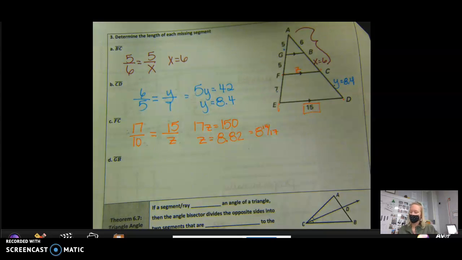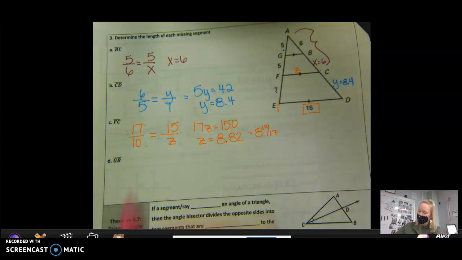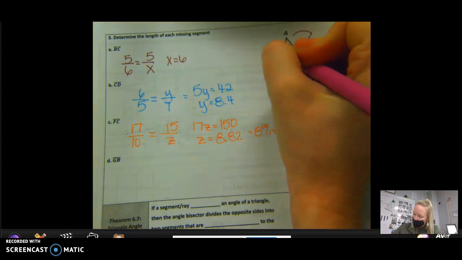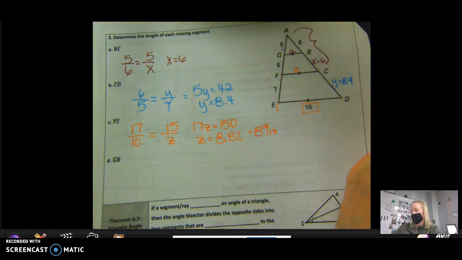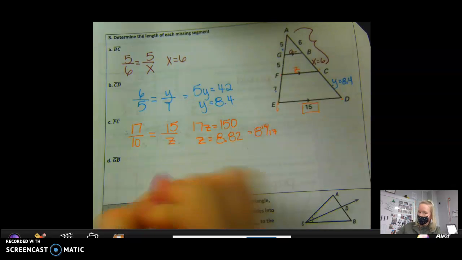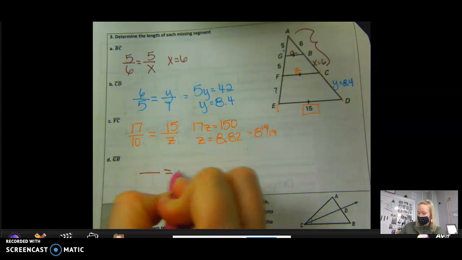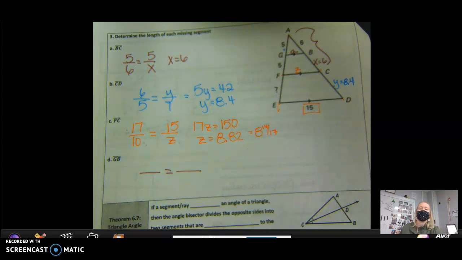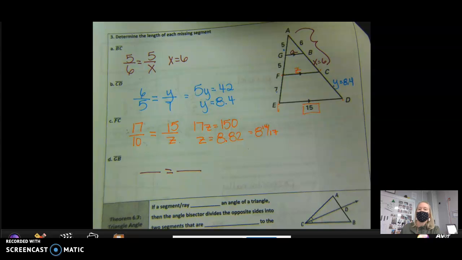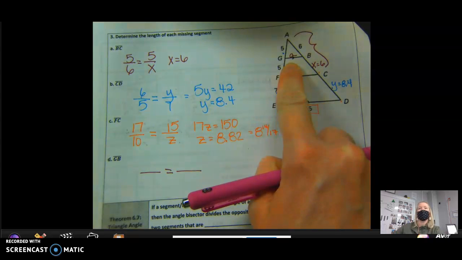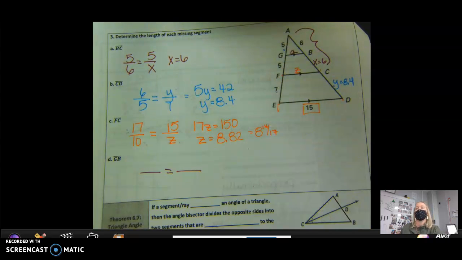Okay, last one, G to B. So G to B is right here. I'm going to call that A. So what could I do here? What over what equals what over what? So that's a triangle bottom, so I have to use the triangle sides on that one.